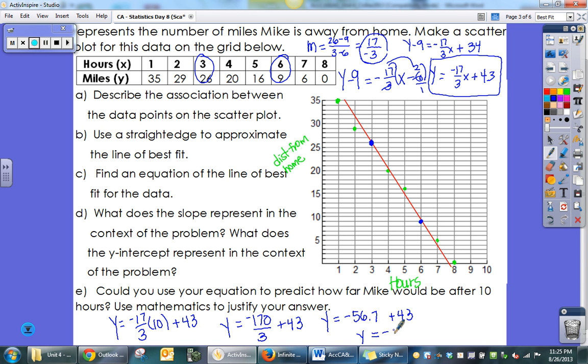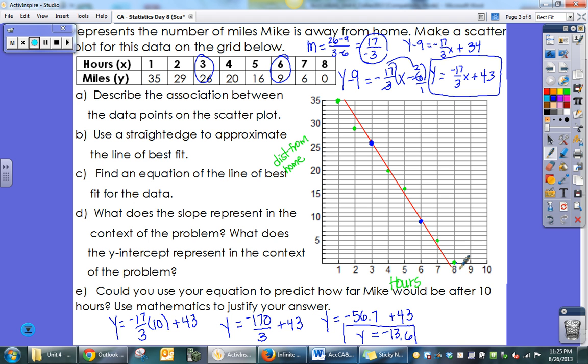Okay, so my negative answer ends up, in the context of this problem, not making sense. And if you look at your graph, you can kind of see why. Because right here it's saying that after 8 hours he is 0 miles from home, right? So anything beyond 8 hours is going to put him further from home in the opposite direction.